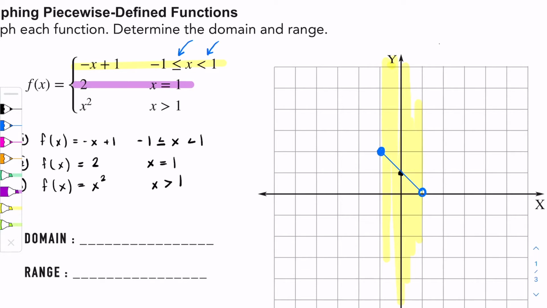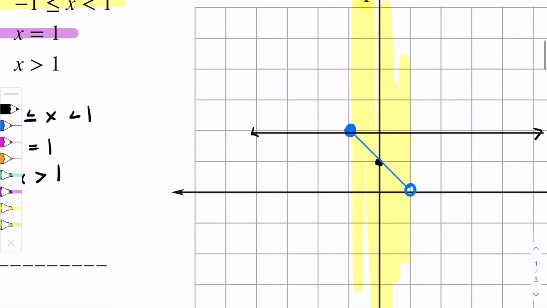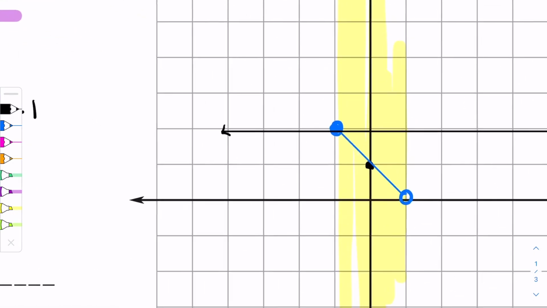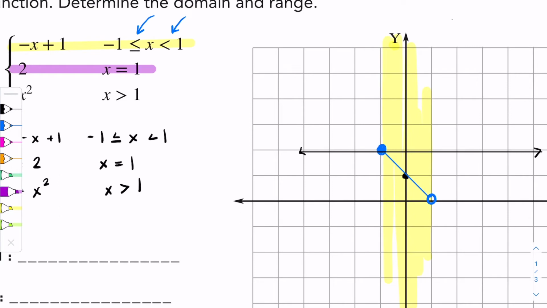Next, let's take a look at the graph f of x is equal to 2. That would be a line in the coordinate plane at y equals 2. But once again, we're going to want to restrict this to just one value. In this case, we're restricting it to one value because it says that x is equal to 1.